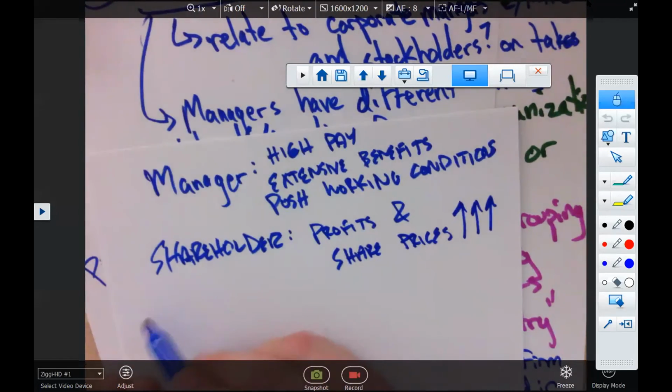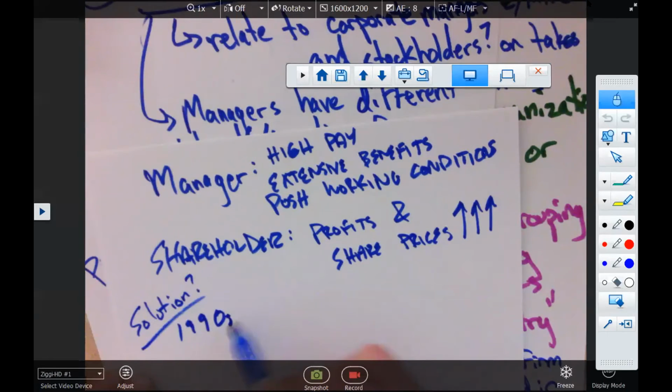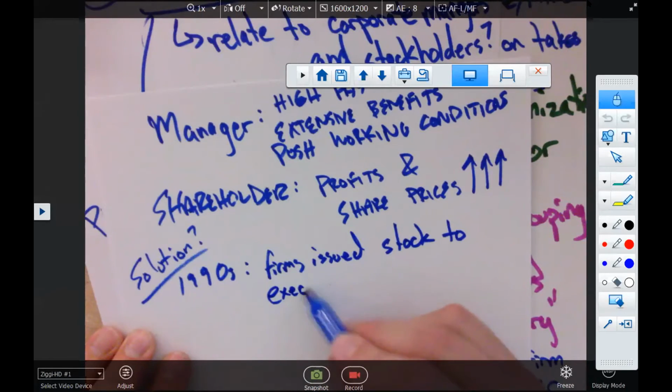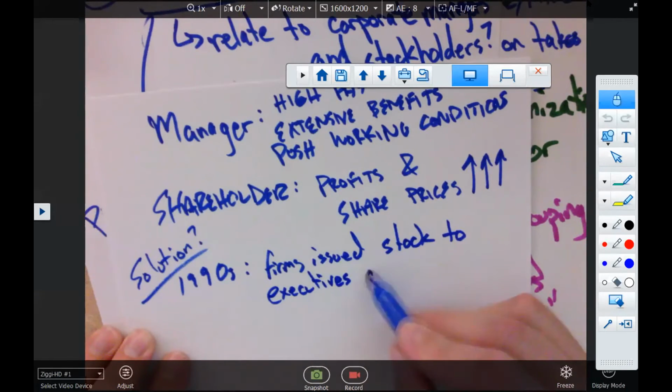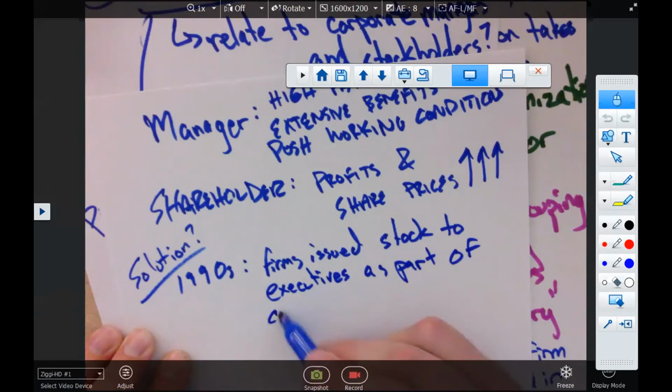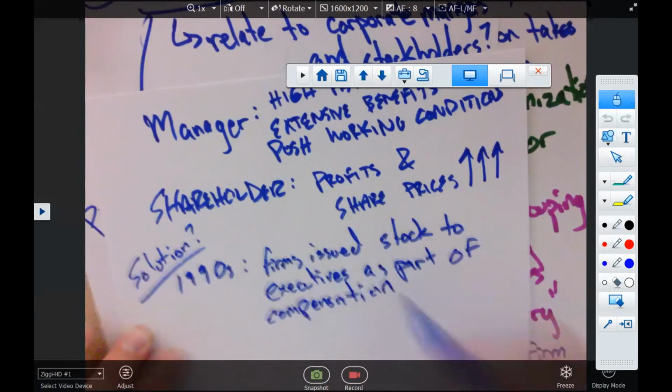And so what was the solution? Starting in the 1990s, firms issued stock to executives as part of their compensation, trying to align the interests of the 2 groups.